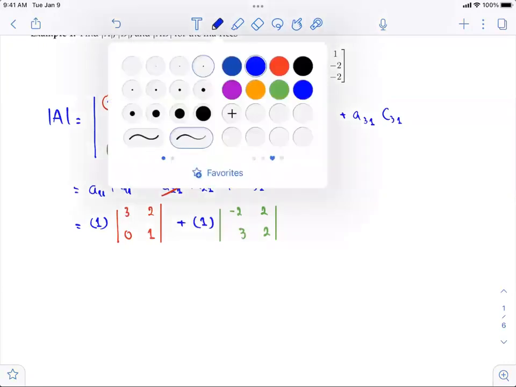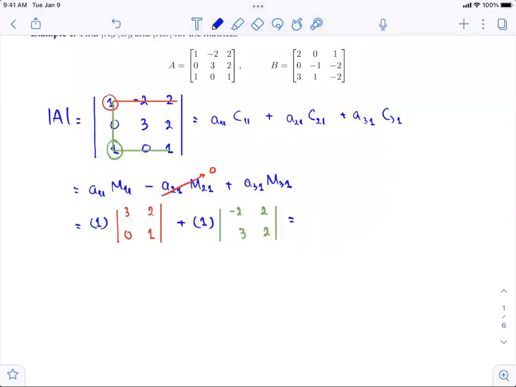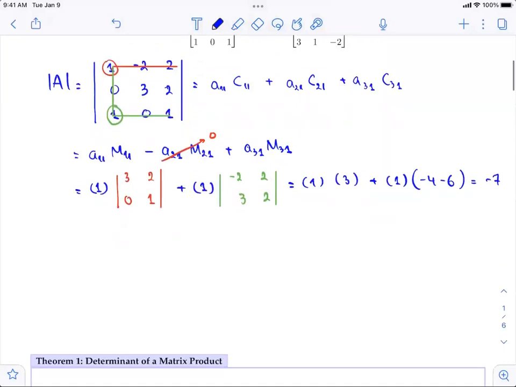Right, so we got 1 times 3 plus 1 times -4 minus 6. So together we have this is equal to -7. So that is the determinant of A.